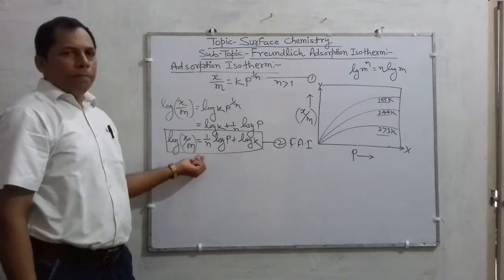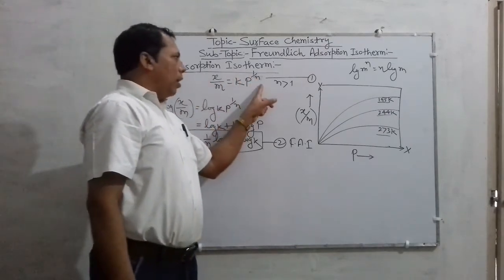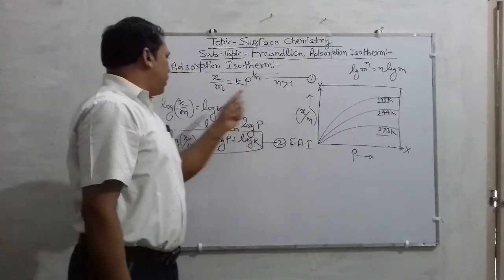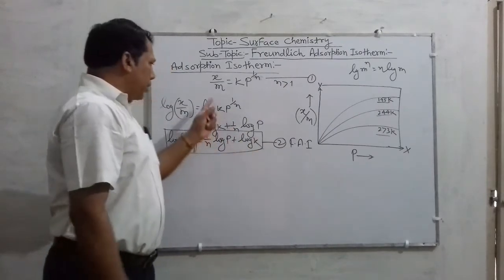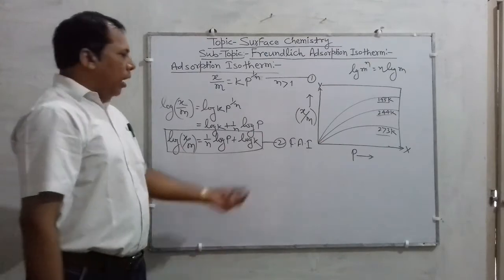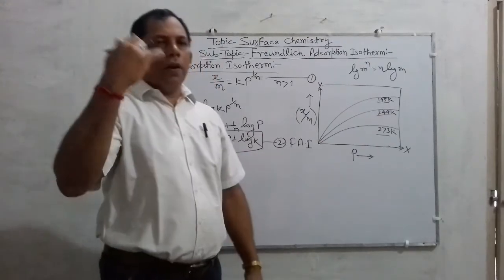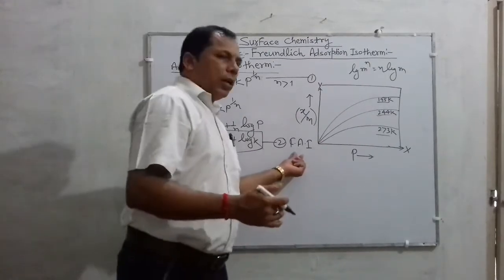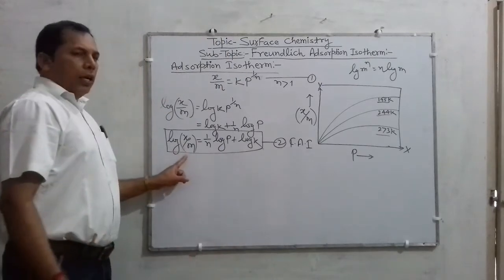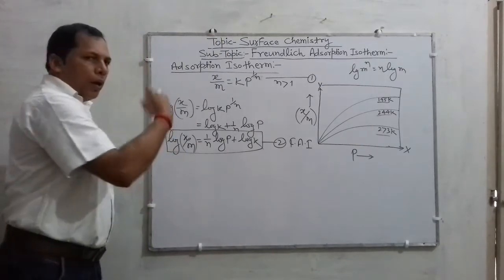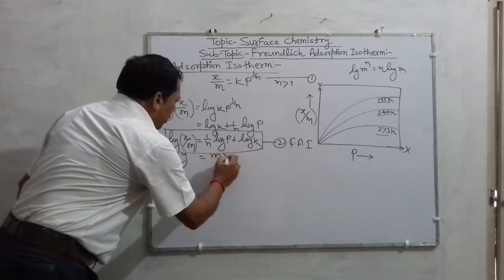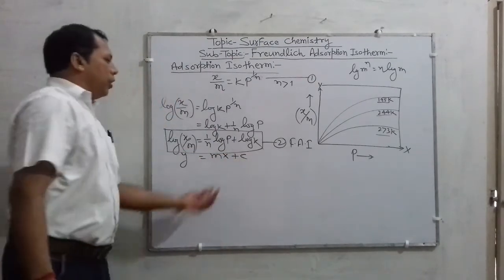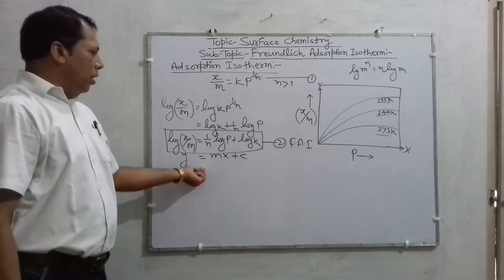Must remember, by taking log of this expression, we get the logarithm form in such a way. And in this, children, if we plot, it is just analogous to the equation y is equal to mx plus c, which is a straight line equation.